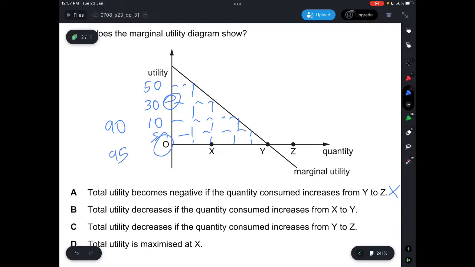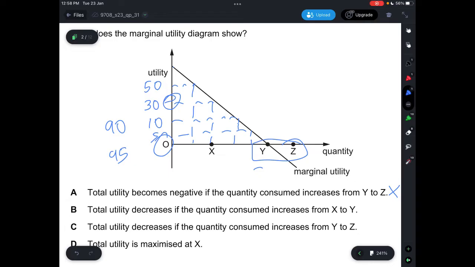So the total utility doesn't decrease, it actually increases, but at a declining rate. Total utility will only decrease if you are entering a zone where the quantity that you consume results in a negative marginal utility, like what I mentioned for Y to Z. Your marginal utility would be negative, and only then would the total utility decrease.